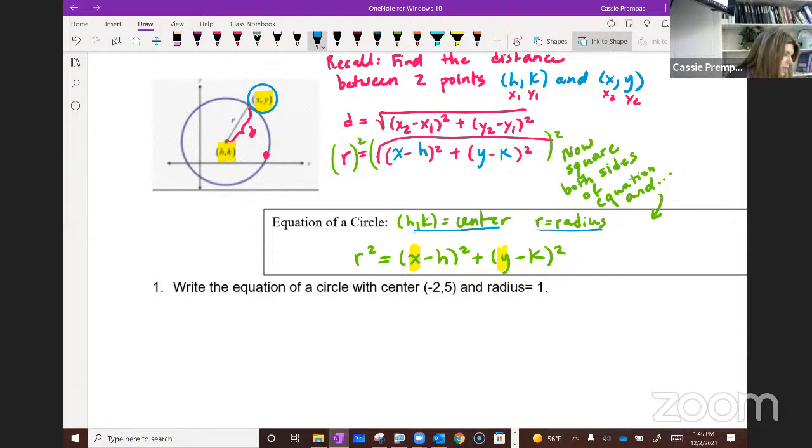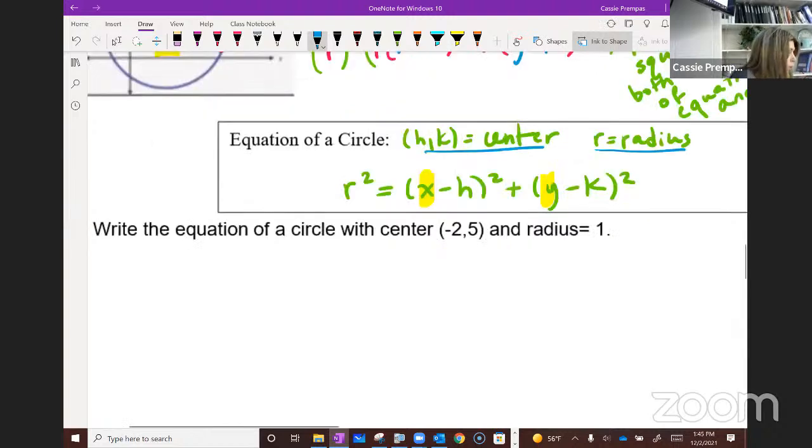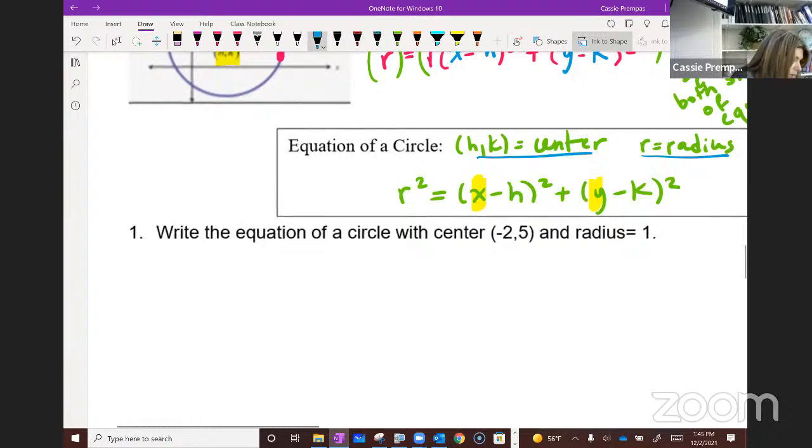Let's see how we would create an equation of a circle like number one. Number one says write the equation of a circle with center -2, 5 and radius 1. So the first thing we want to identify is the center, which is the h, k in that equation. And then the radius is going to represent the value of r. Let's just write the equation of the circle.